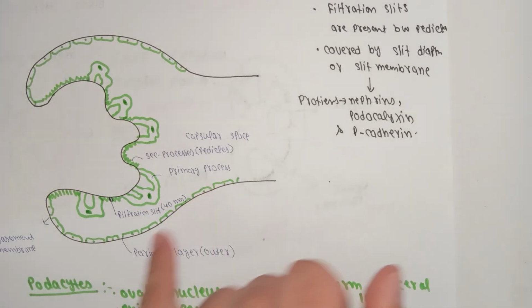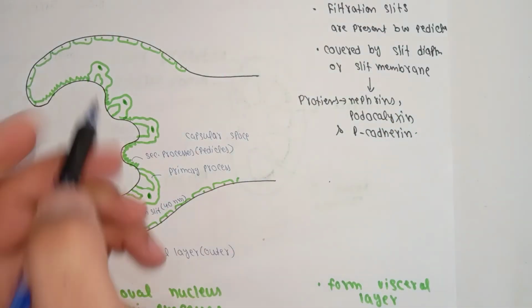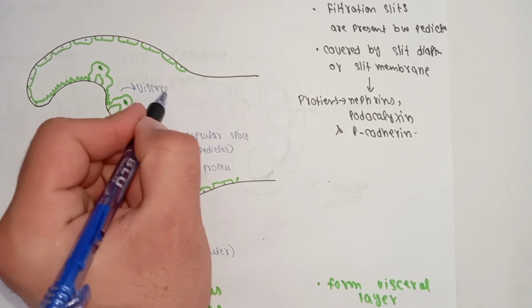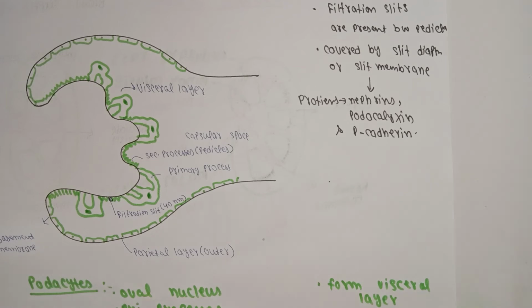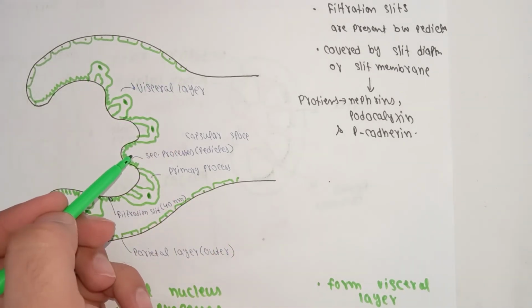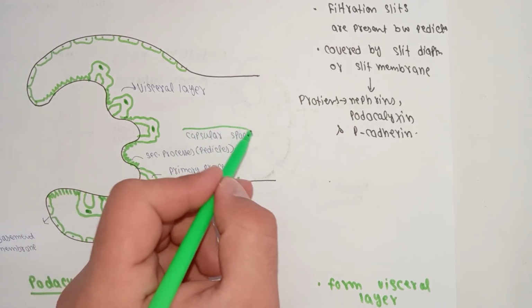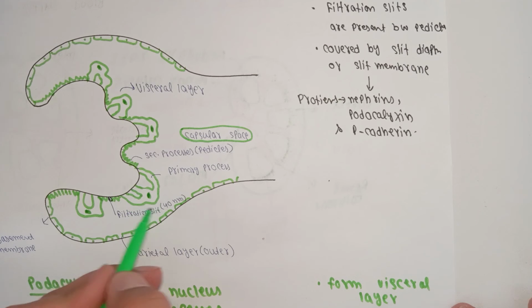One is the outer layer, which is called the parietal layer. The other is the inner layer, which is called the visceral layer. Between the parietal layer and the visceral layer is a space which is called the capsular space. This is the cell body of the podocyte.